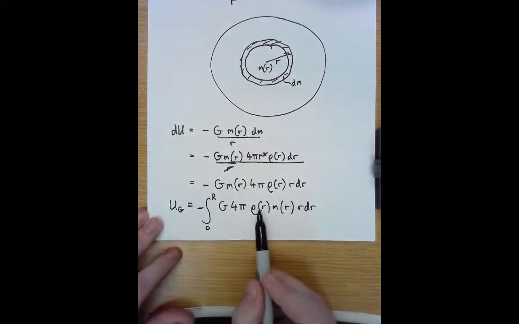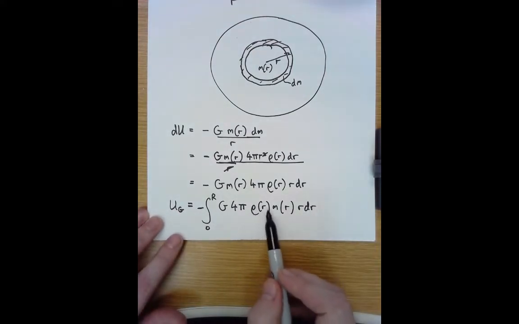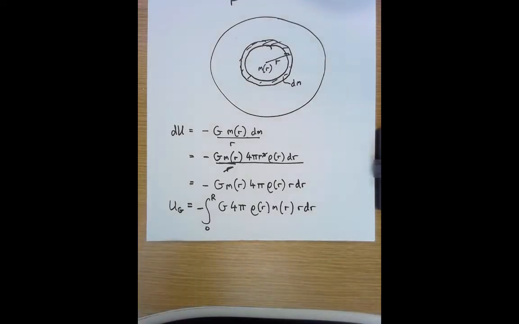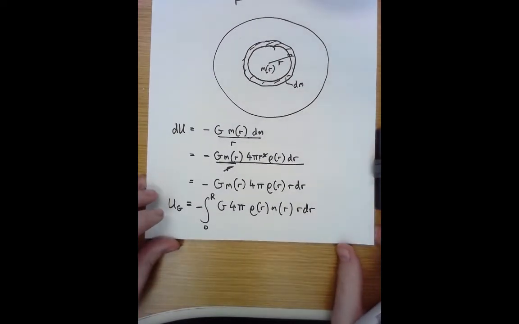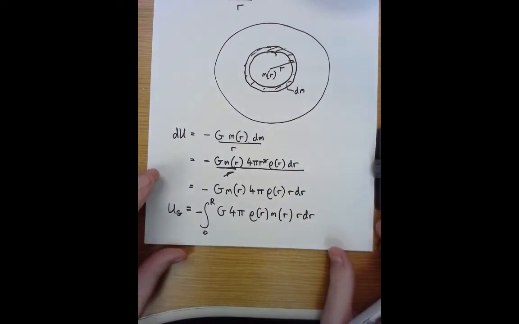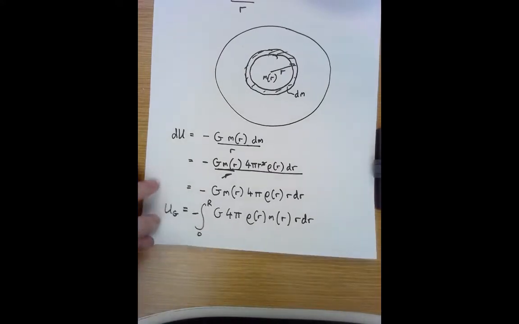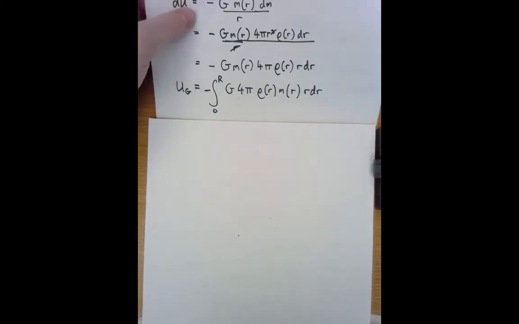Okay, so to do this integral, you need to know how rho behaves as a function of r, and how the mass changes as a function of r. And we don't know that yet because we don't have all the equations of stellar structure needed to solve for rho as a function of r and m as a function of r. But what we can do is make an order of magnitude approximation.